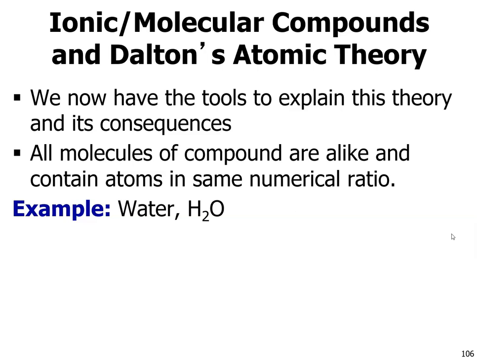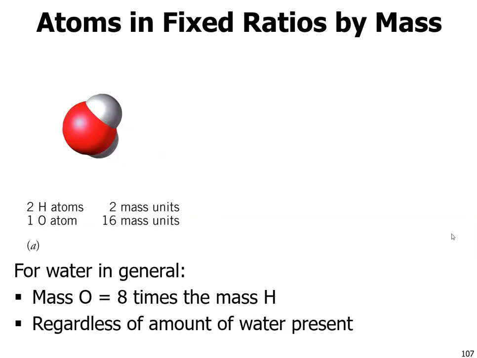If we look at a molecule of water, it consists of one atom of oxygen and two atoms of hydrogen. Each of the hydrogen atoms has one mass unit, and there are two of them, so they have a total of 2 mass units.